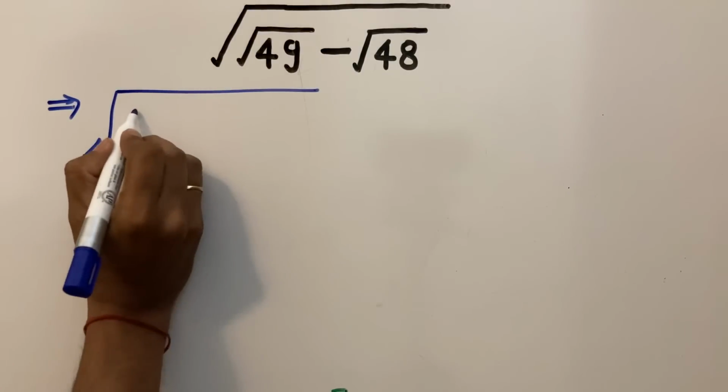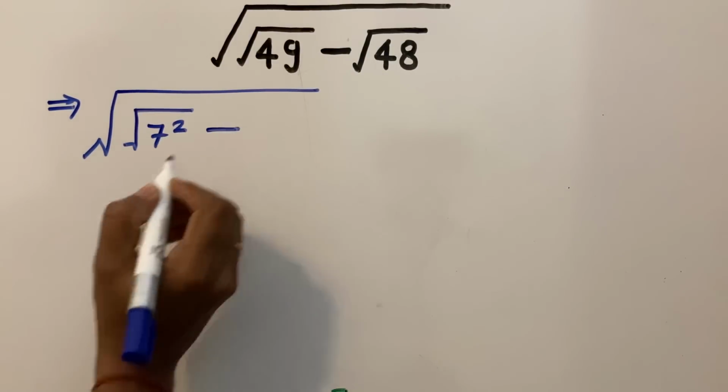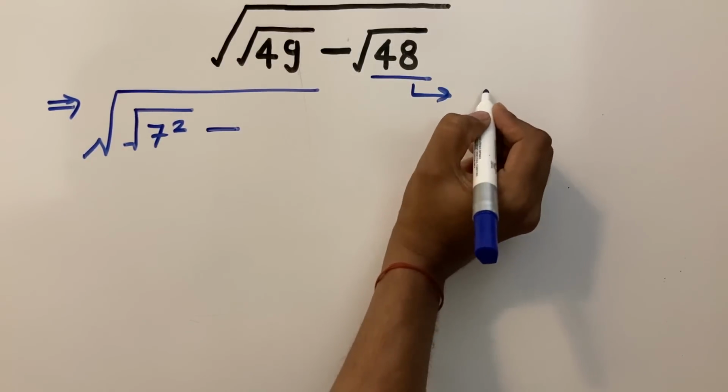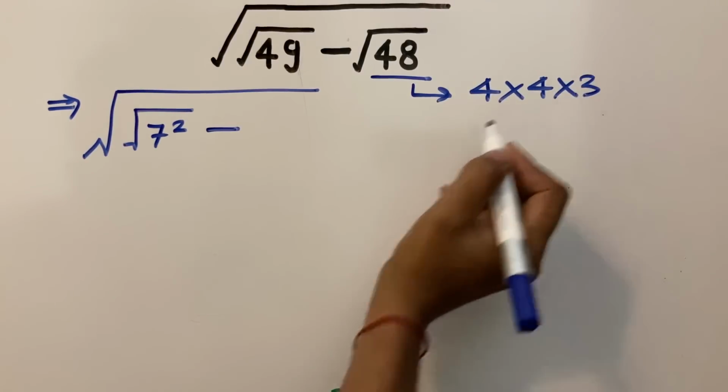square root 7 to the power 2 minus, let's find the factorization of 48, that is 4 multiply 4 multiply 3.